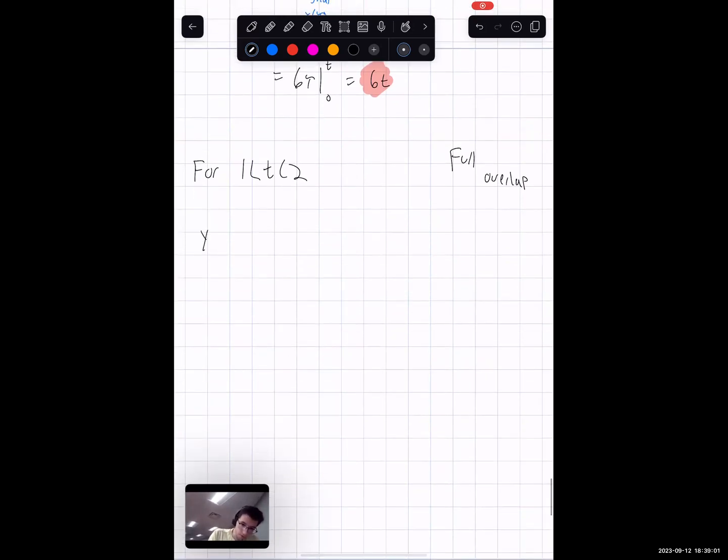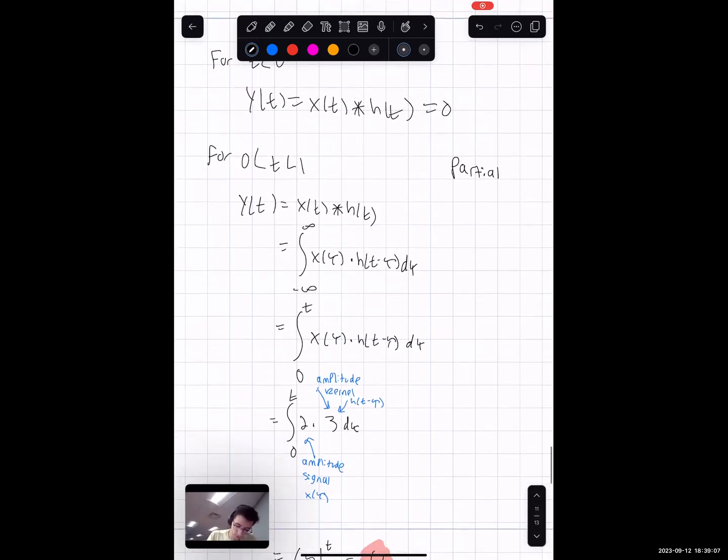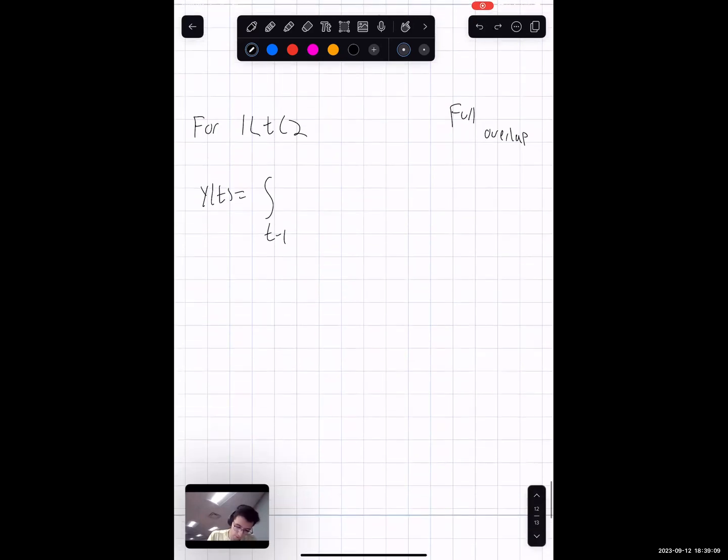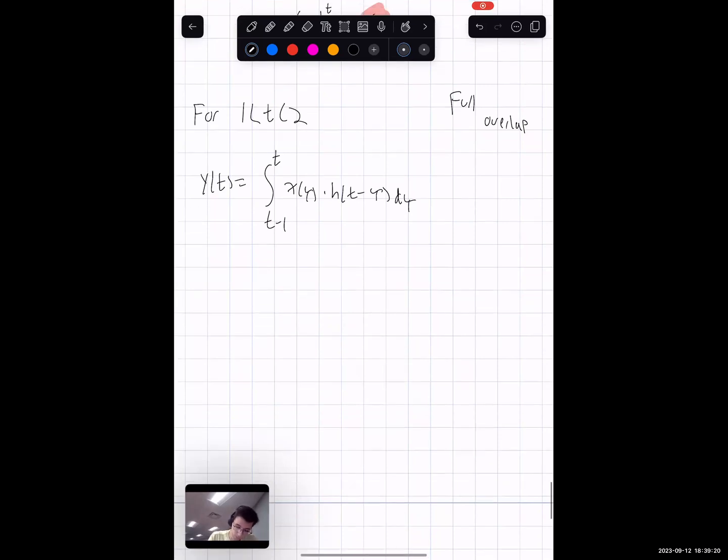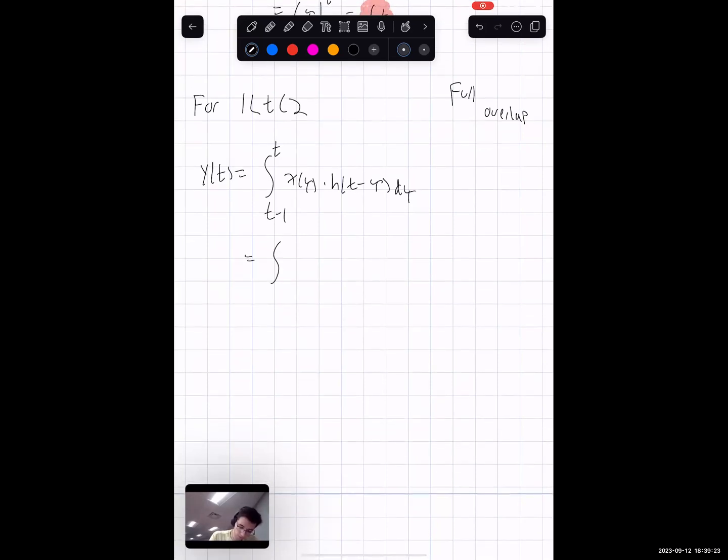So then you can say, so I'm just kind of skipping this step. I'm just starting off with the integral. We're going to integrate from t minus 1 to t. Once again, these are the amplitudes for our signal and our kernel.